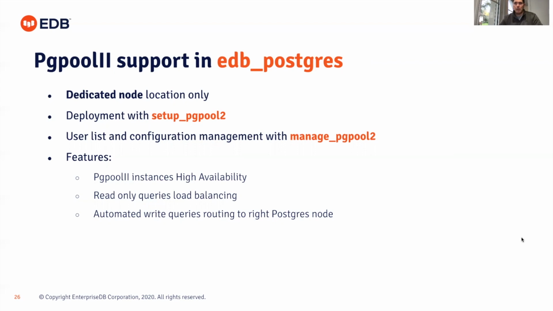Pgpool has many very interesting features, and some of them can be enabled by the setup pgpool2 role. The first interesting feature is the high availability of Pgpool instances themselves. In this case, we need an odd number of Pgpool nodes, at least 3 nodes. One of the nodes will be the primary, and the others are the standbys.